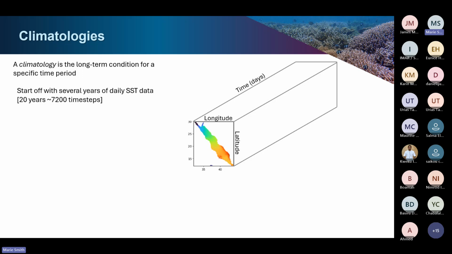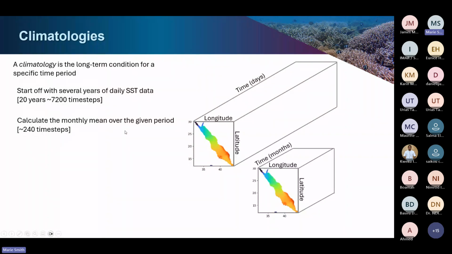This is just an example of how we're creating the climatologies for the processing that we're going to be doing today. If you're looking at about 20 years, you might have about 7,000 or more time steps of daily data. If you're looking at a satellite data set, you would have a data cube of longitude, latitude, and then time in days. Okay, so that's the first step where you start off.